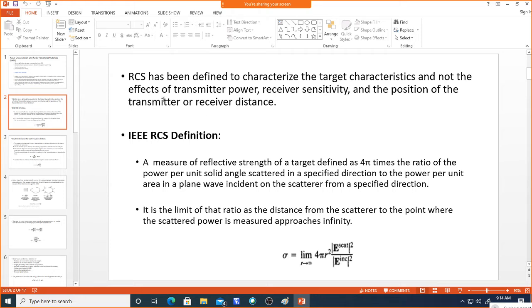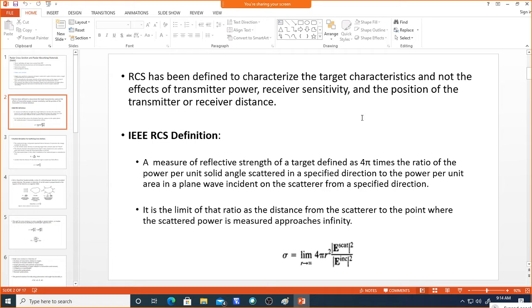The RCS is generally measured in terms of absorption or in terms of scattering. These two methods are generally used to find the RCS.